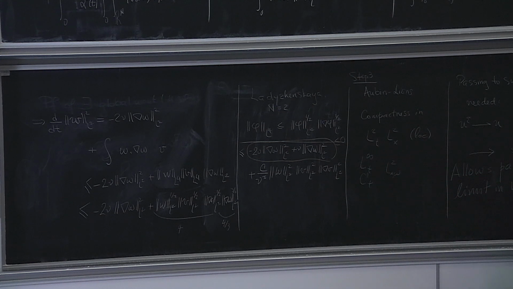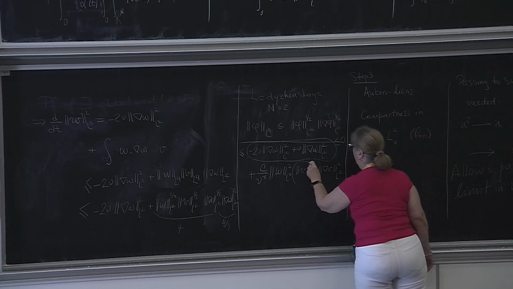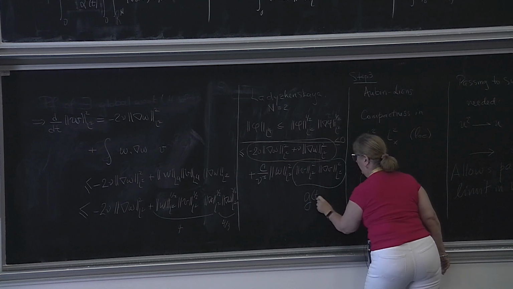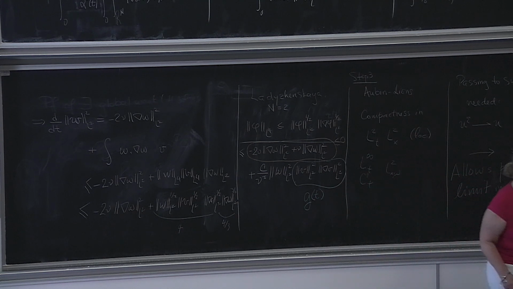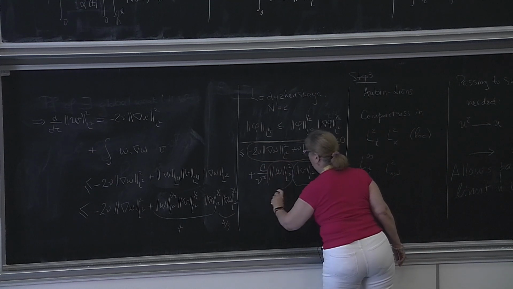Okay, so this is less than or equal to 0. And this term here, I'm going to call G of t. And it's given. Okay? Calling this guy G of t, and I'm calling W L2 squared Y of t.